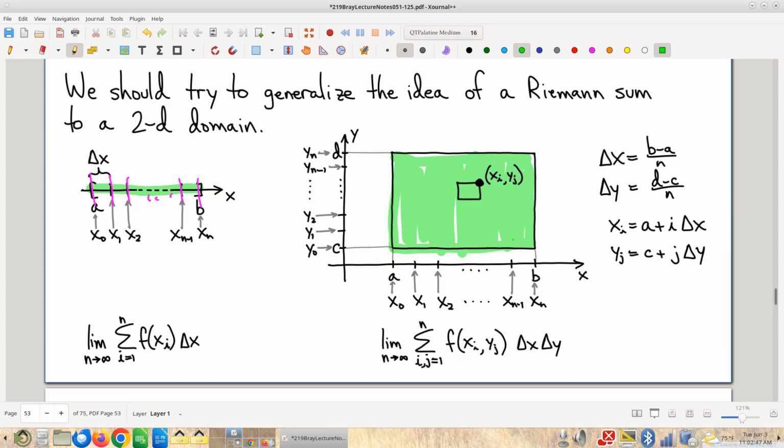Maybe we're computing volume under a graph, I suppose, is one possibility, but maybe I want to compute the mass of this, or maybe I want to count how many bugs there are on my plot of land, or how many flowers would be a prettier question to consider. Millions of things, who knows, that might have this accumulation property where the whole is the sum of the parts, right? And if the whole is the sum of the parts, then I'm going to want to take this and chop it up into a bunch of pieces.